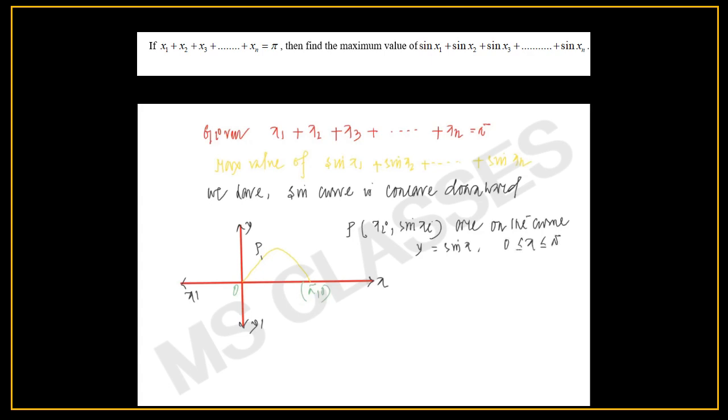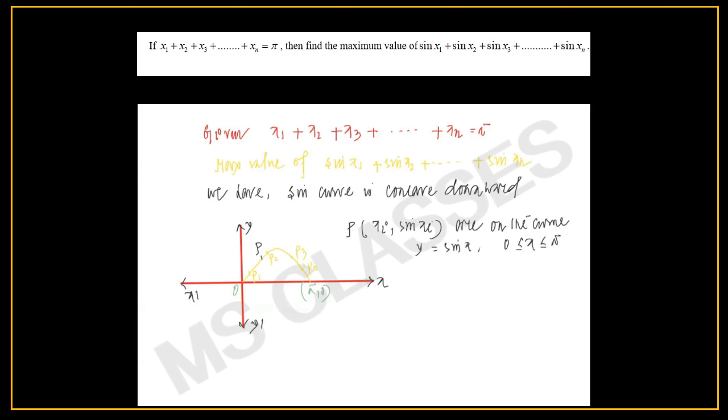So this point is what? Inside the polygon. Try to understand: if we take a number of points, here P1, here P2, here P3, here P4, like this up to Pn.